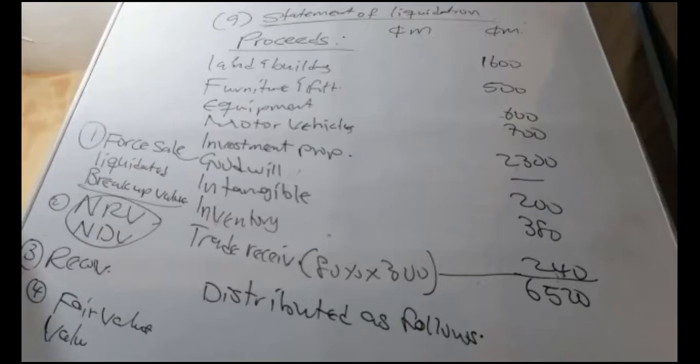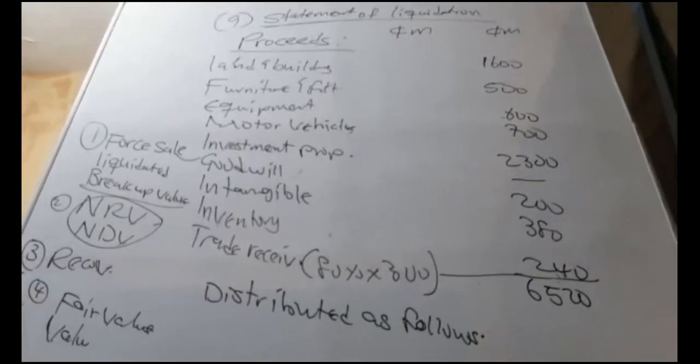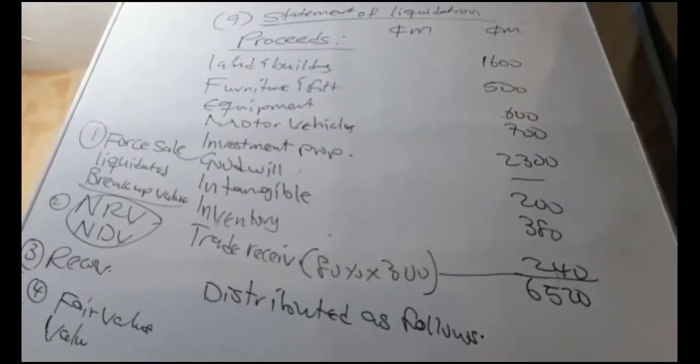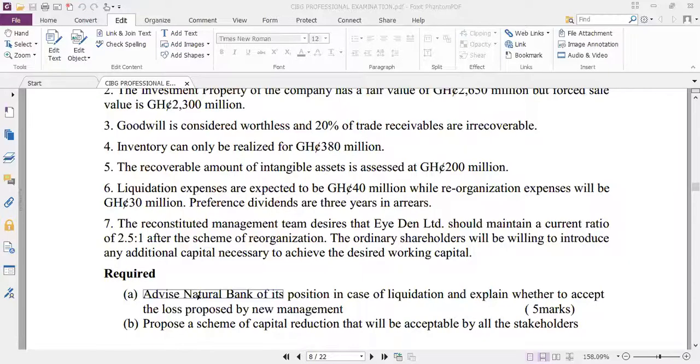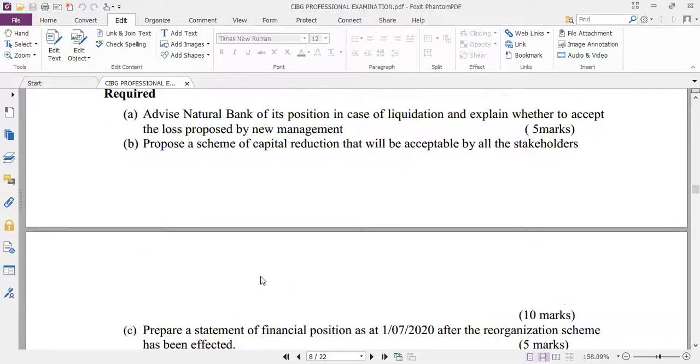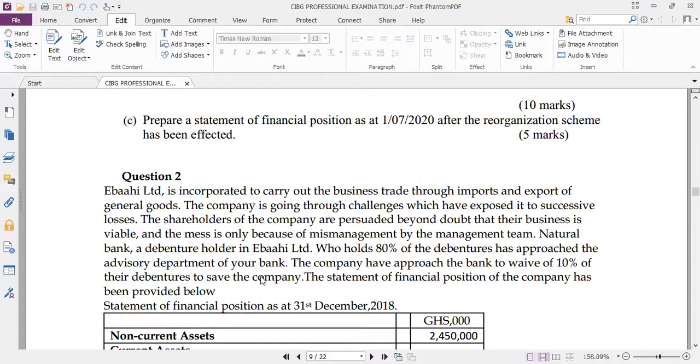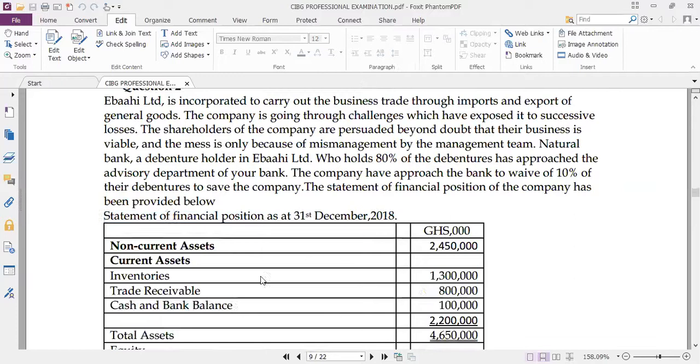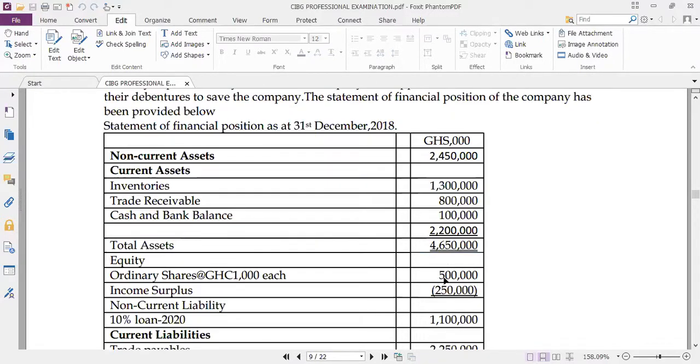Now let me give you a critical example. Now watch, the second question is one of your exam questions. That one is not loaded like this. Look at this. The non-current asset is just one. There's no breakdown.